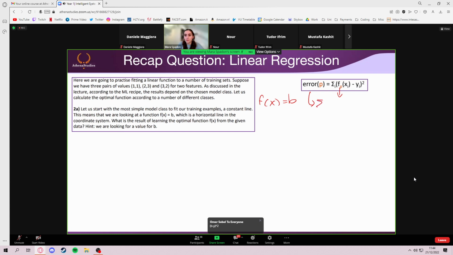Yes, we take the sum of (b minus y) squared. For every value of y, we take b minus y squared, and then we sum that up. So for our point (1, 1), what do we get there?